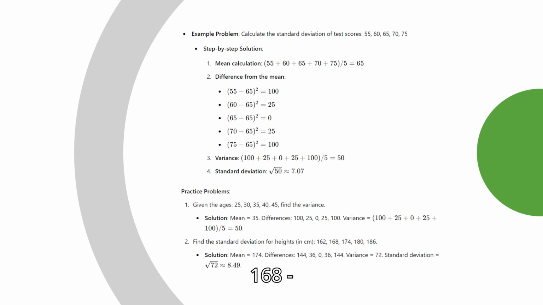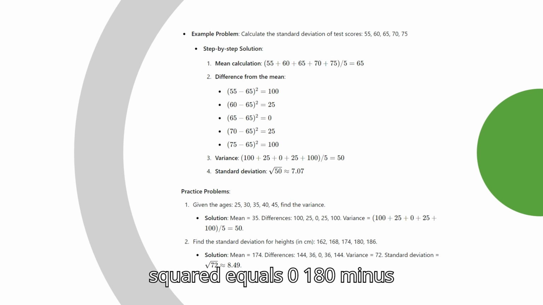162 minus 174 squared equals 144. 168 minus 174 squared equals 36. 174 minus 174 squared equals 0. 180 minus 174 squared equals 36. 186 minus 174 squared equals 144.